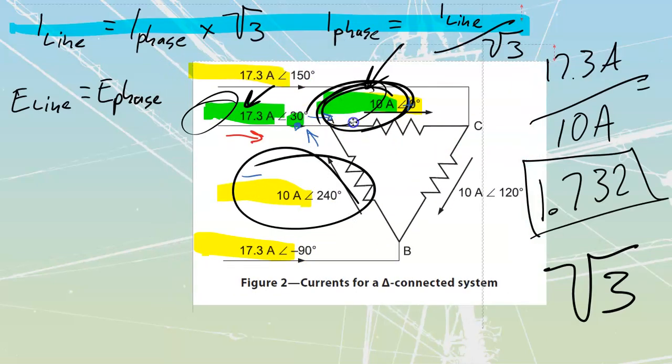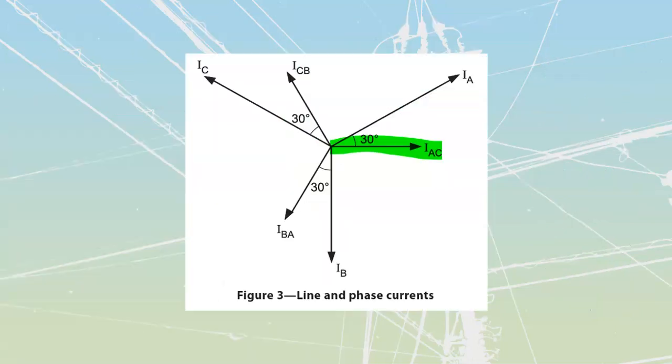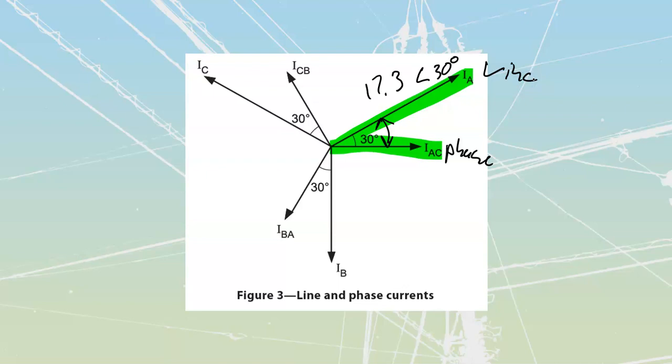Let me just move this out of the way here so we can see it. 10 amps going across from A over to C. That was what I had, and then we found out that my total line current on line A was going to become that larger value, 17.3 at angle 30 degrees. And we see that there's that 30-degree displacement between my phase values and my line values.